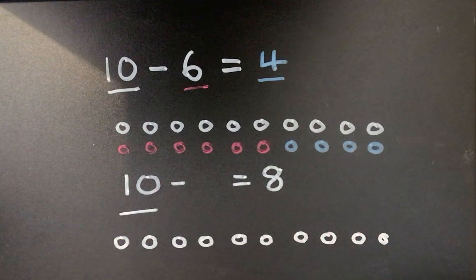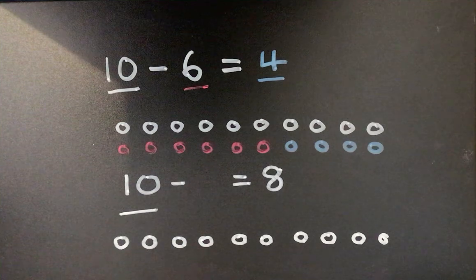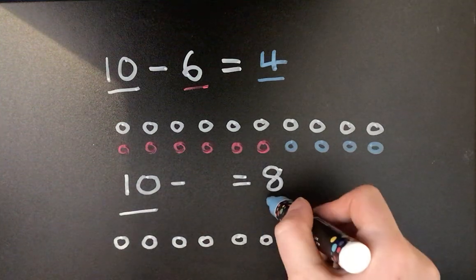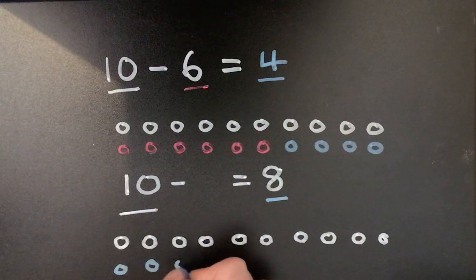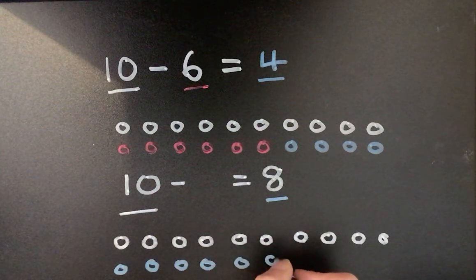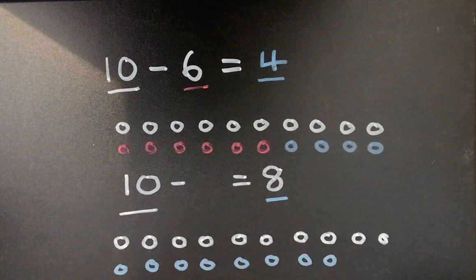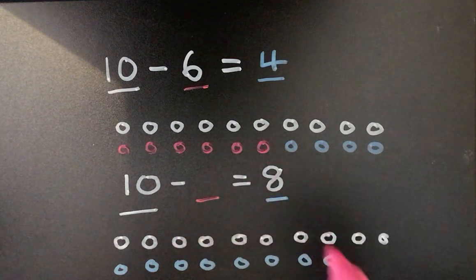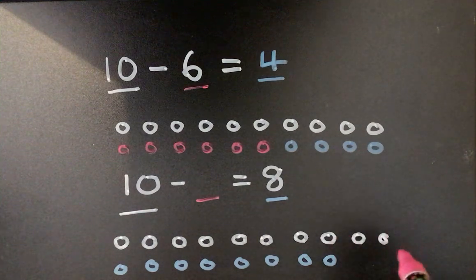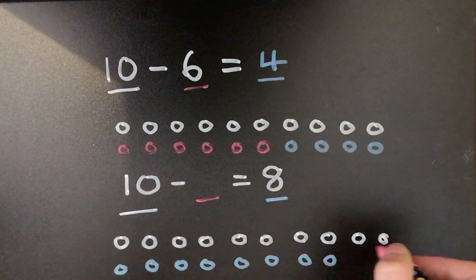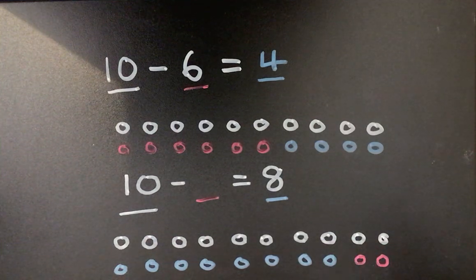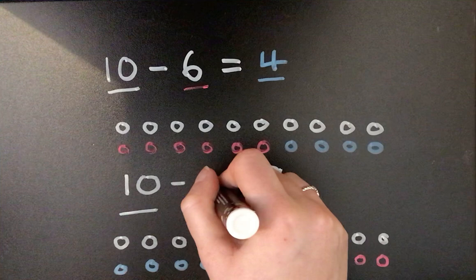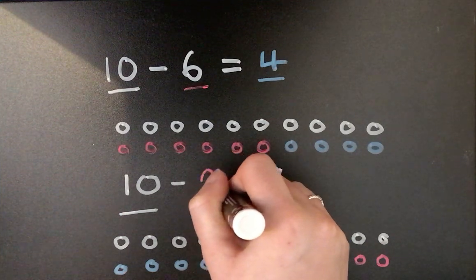I'm then going to draw, this time, 8 dots. Now, I can fill in my missing number by looking at how many more dots I would need to draw to make 10. I know I would need to draw 2 more dots to make 10. So my answer must be 2.